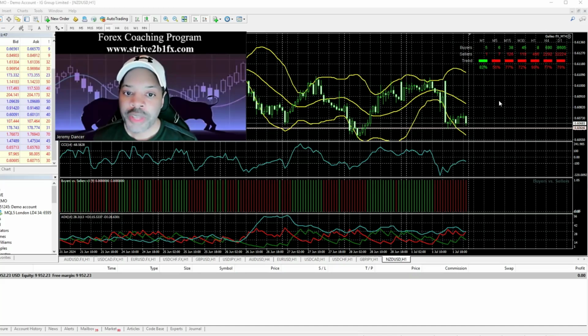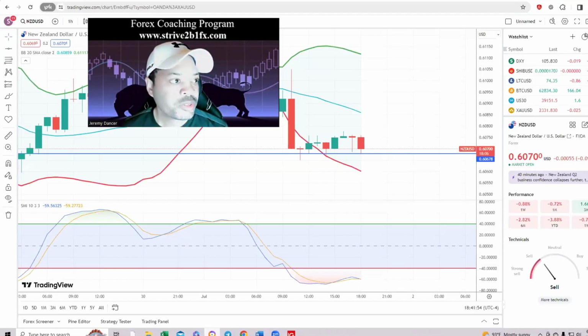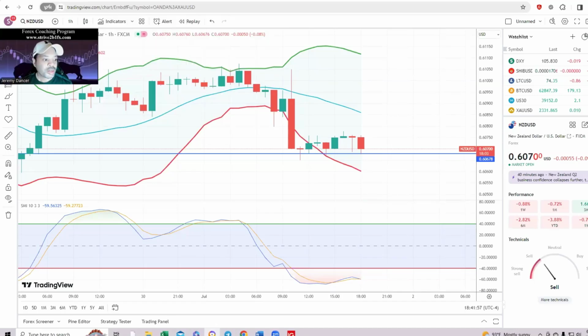And that's the vibe I'm getting from what we're looking at. And what I'll do here is if we go to my view on TradingView, we can see things a little bit clearer.